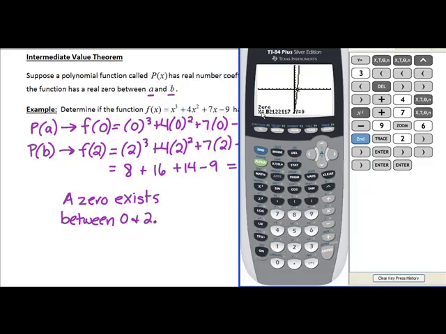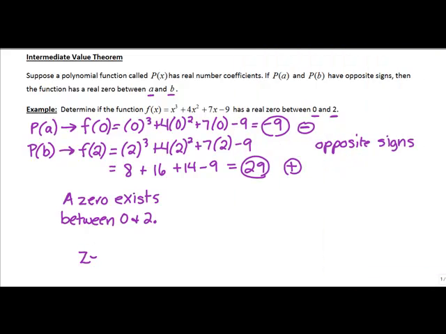And here's our 0. X equals about 0.821. And the y value is 0. So the coordinate is 0.821, 0. But as far as the 0 is concerned, it's about 0.821. Okay.